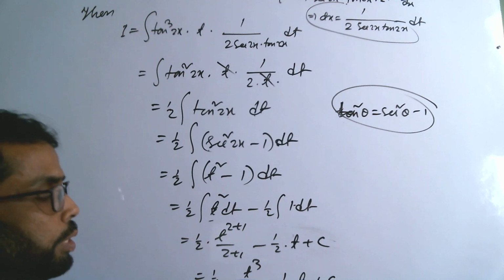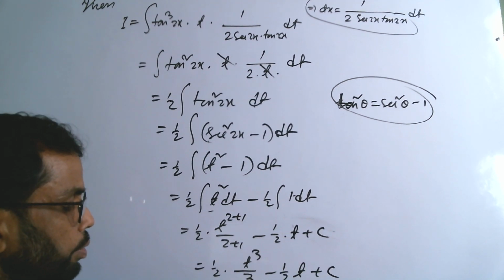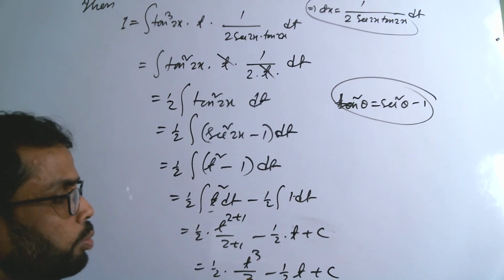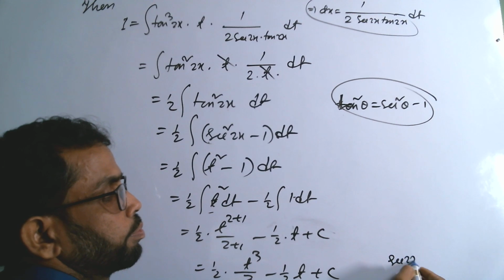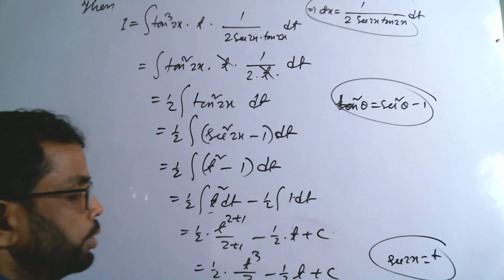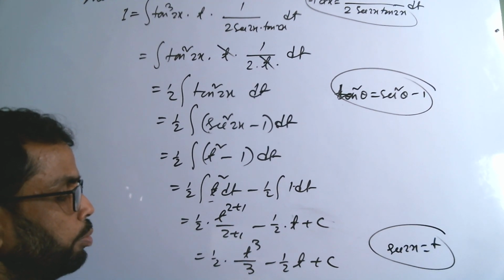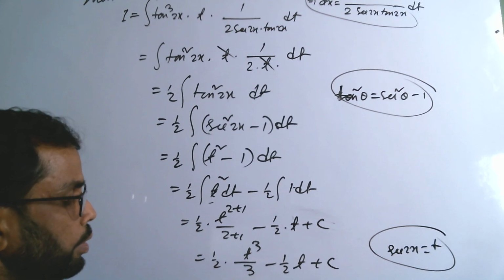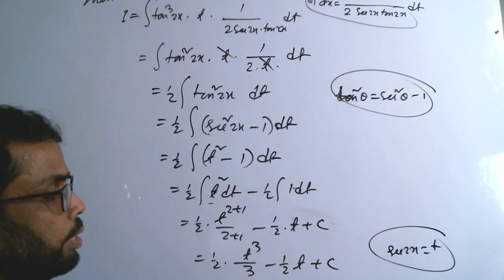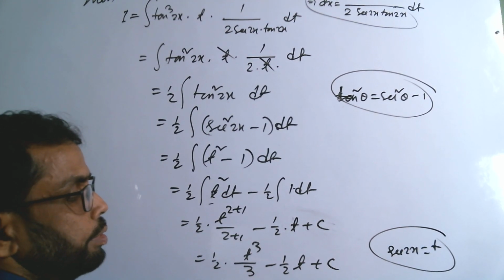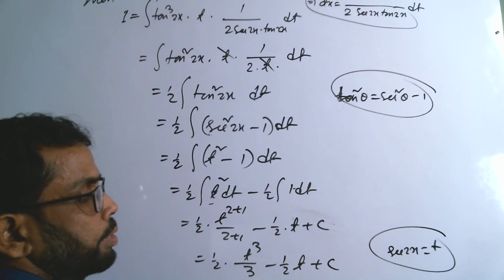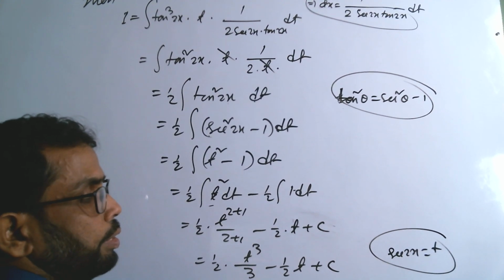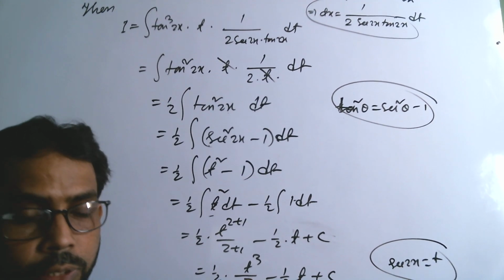T we have taken for sec 2x, with 1 by 2 outside, so we put it back. So it will be sec cube 2x by 6, minus half of sec 2x, plus constant, and this is the complete integration.